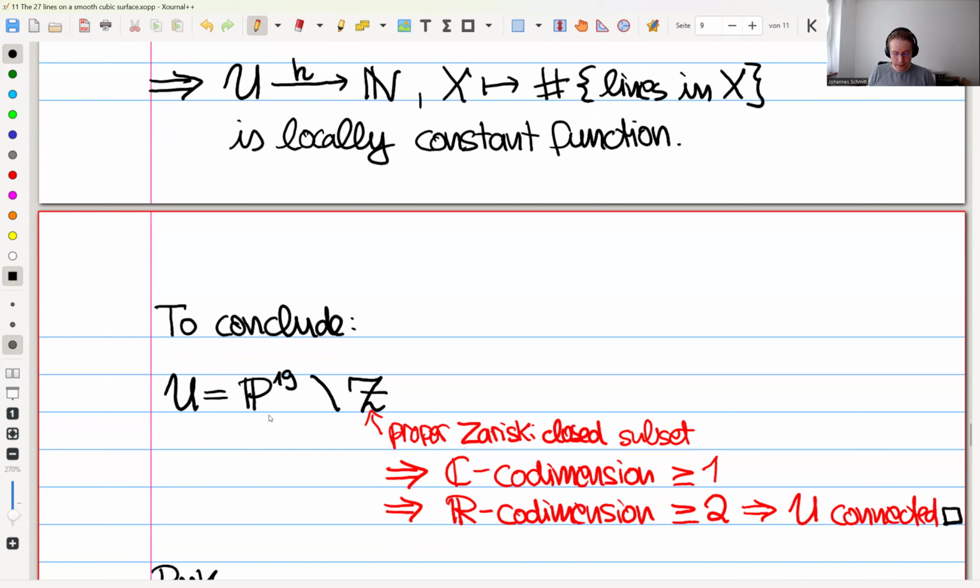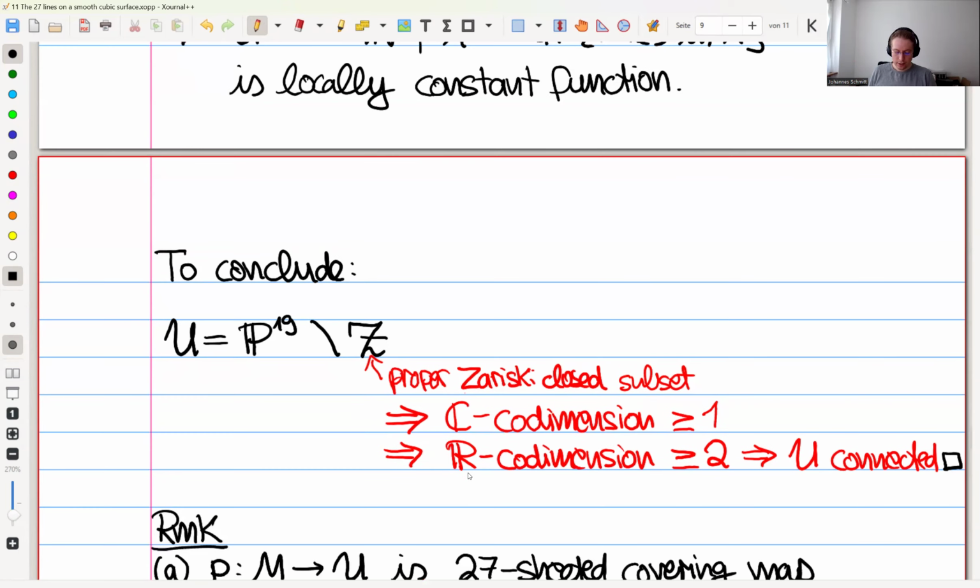And we have seen this U is this minus a certain proper Zariski closed subset, namely the subset where the surface defined by this equation is not a nice smooth cubic surface. And so this proper Zariski closed subset has therefore complex codimension at least 1, because it's not everything. And so complex codimension at least 1 means real codimension at least 2.